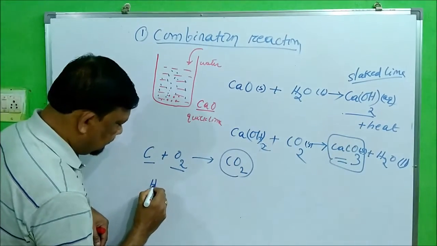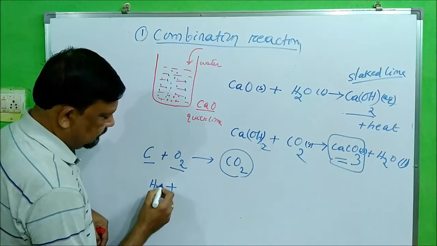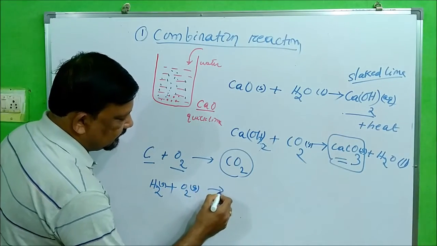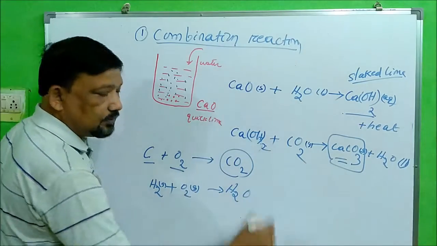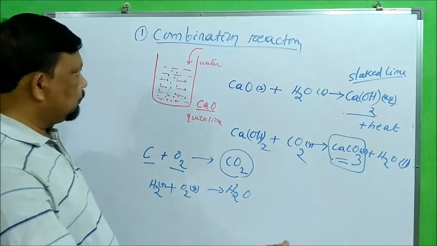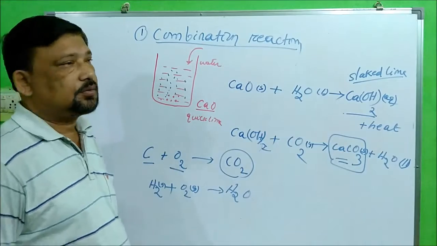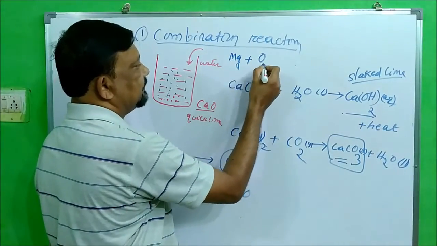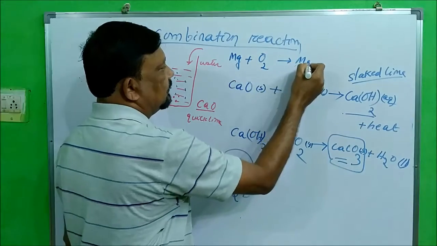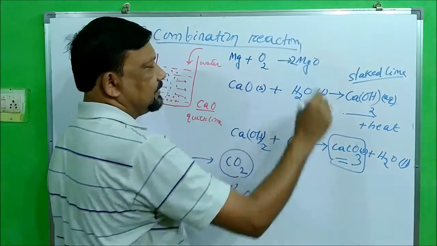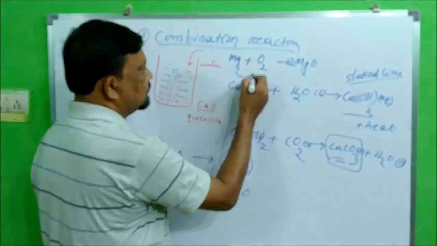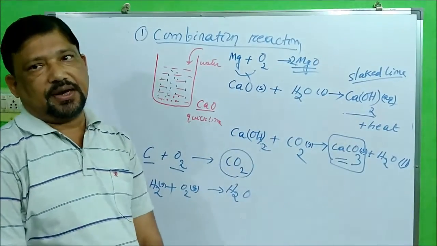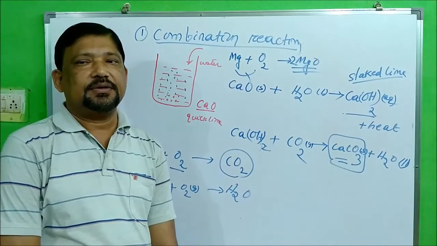Similarly, when hydrogen gas combines with oxygen gas, that gives you water. One more example, the first example of your book, magnesium burns in presence of oxygen to give you magnesium oxide. Here also these two things combine to give one product, magnesium oxide. So this is what the combination reaction is.